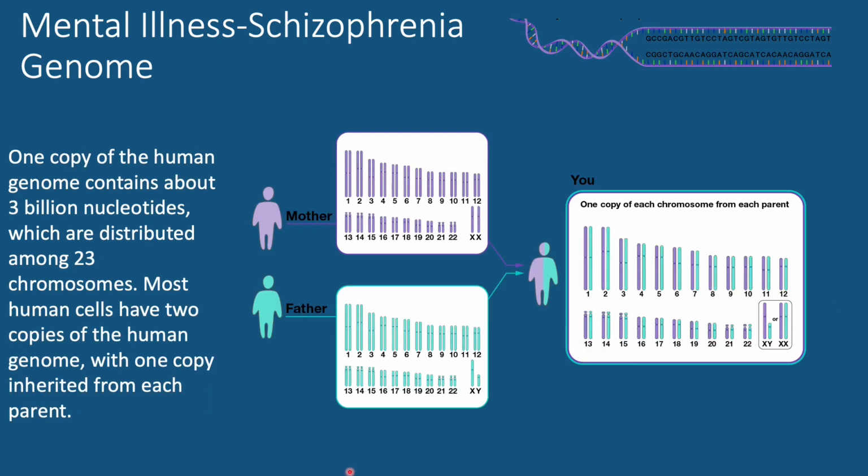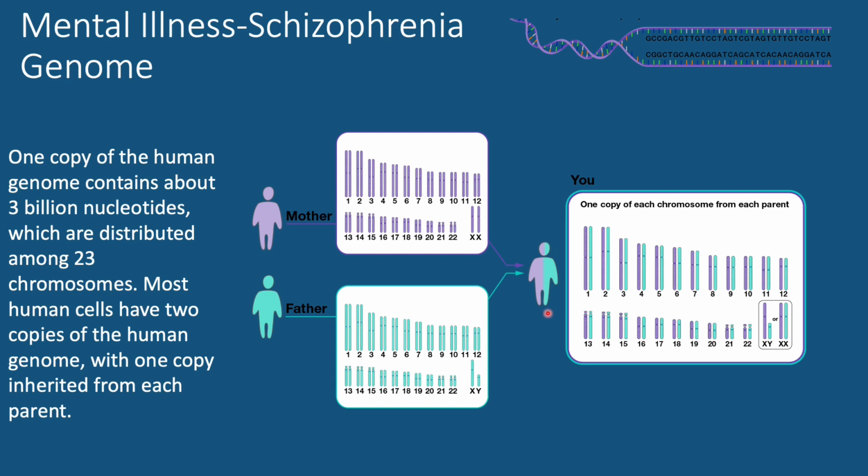Now, most human cells have 2 copies of the human genome. 1 copy is inherited from the mother, 1 copy from the father, as you can see here in the cartoon. Again, we see 23 chromosomes, including the sex chromosomes, XX in the mother, XY in the father.